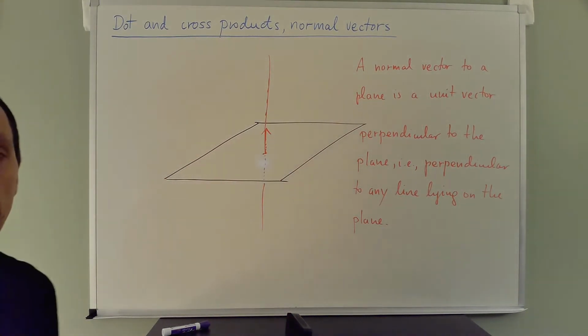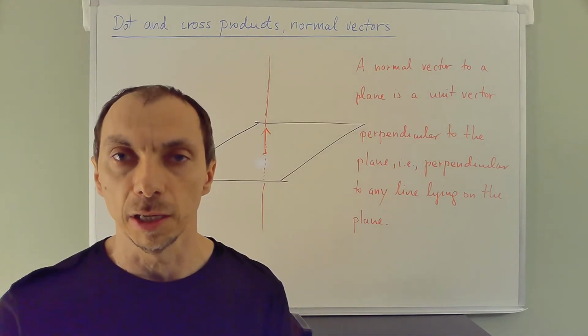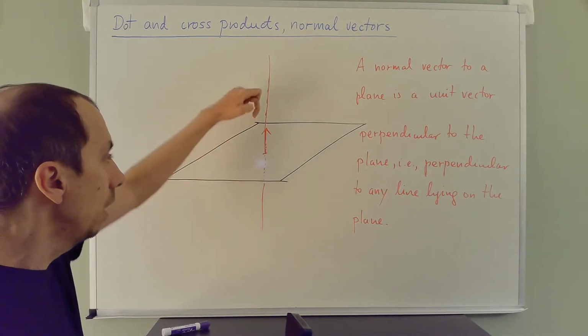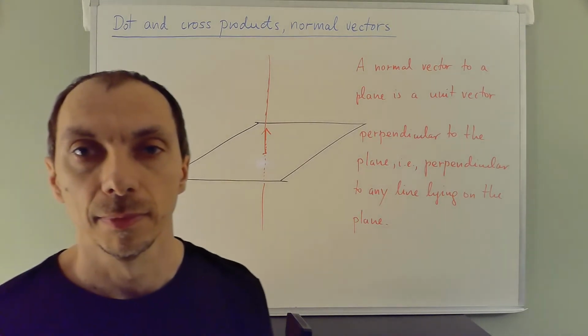Of course, how many normal vectors are there to a plane at a given point? 2, one pointing up and one pointing down.